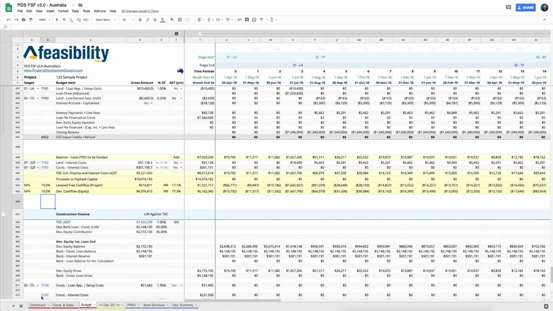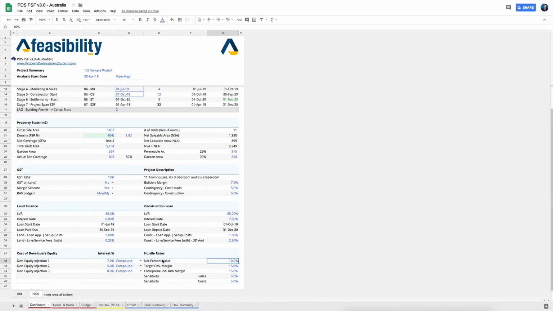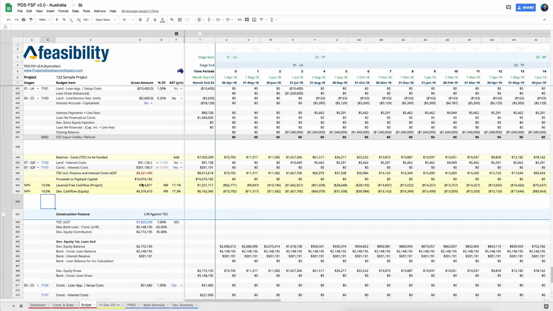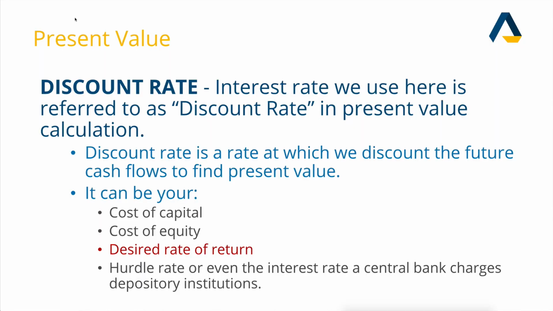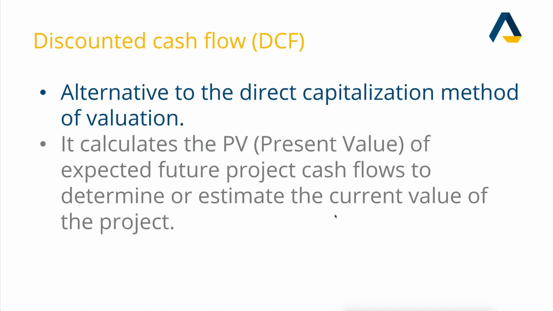This is your hurdle rate referring back into your sheet, and you'll be able to calculate what your levered free cash flow would be, what your developer cash flow on the equity NPV, which is your net present value, would be. That is what we're trying to figure out in this project, and then your internal rate of return. We'll get into the internal rate of return very soon. So that's what that hurdle rate is for.